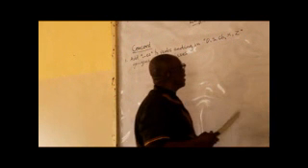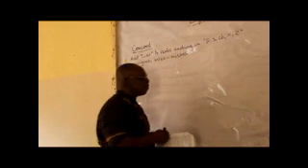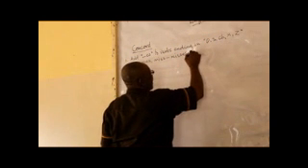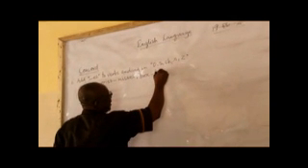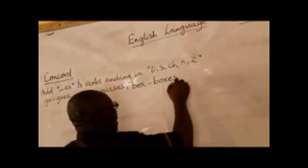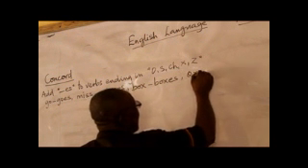Not every time that the rule is obeyed. Let's take, for instance, X: you have box, and you have boxes. But you have ox, and you have oxen. So this is an exception. There are so many of them.